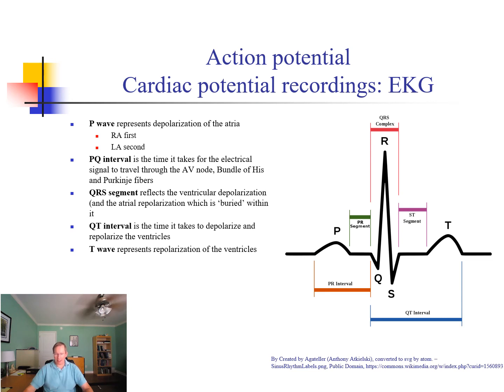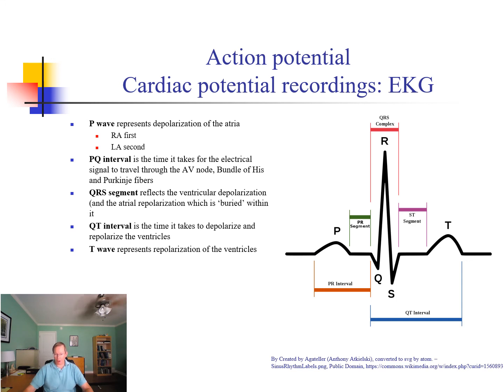Technically I get a little bit of depolarization of the right atrium before the left atrium. In many cases you can't see that, it's a broad wave. Sometimes, especially if you have one atrium which is bigger than the other, you can see those two separated somewhat. But that first P wave represents the depolarization of the atria.